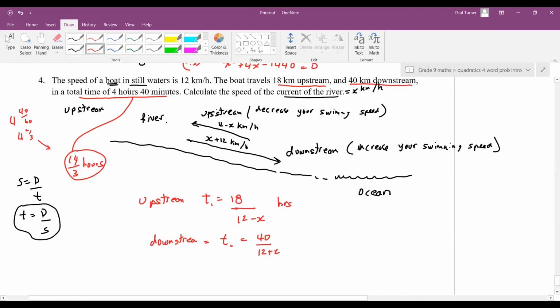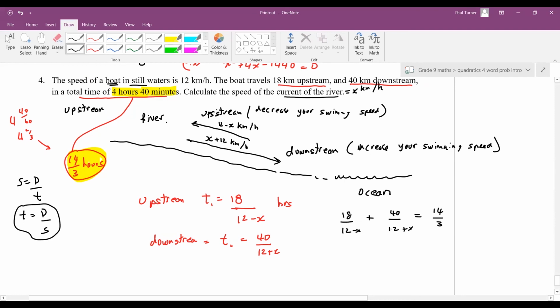That's how I get my hours from this. Because of the minutes, we need to convert that fully to hours. So 14 on 3 there. So we're going to end up with an equation where we add them. So 18 on 12 minus X, plus 40 on 12 plus X equals 14 on 3.